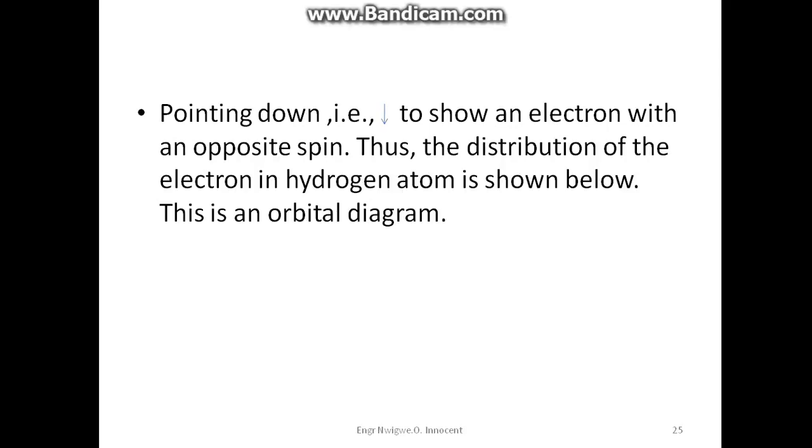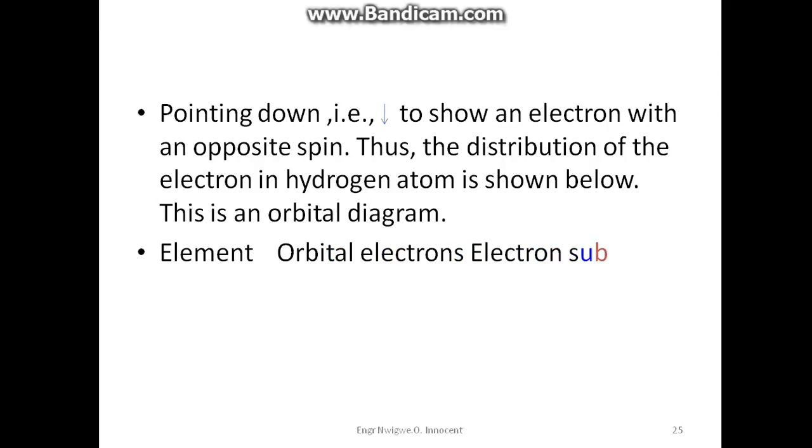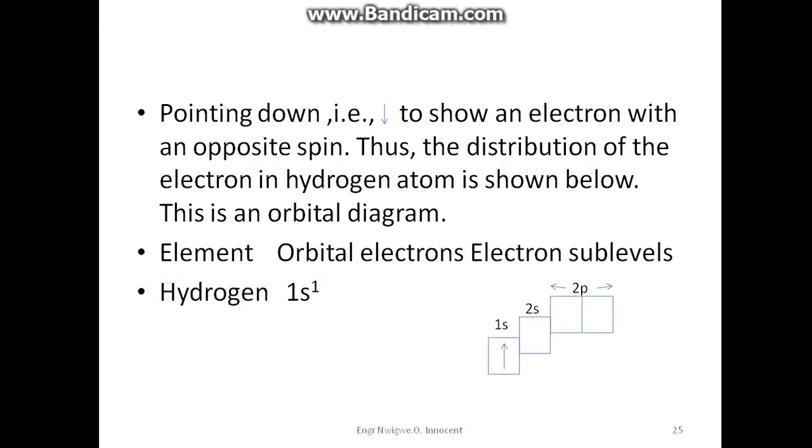So you can see the first box having the 1s arrow pointing up. There's nothing in 2s and there's nothing in 2p. The arrow pointing downward shows an electron with opposite spin.